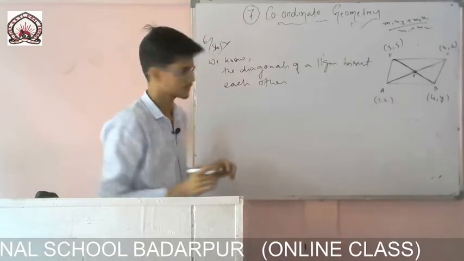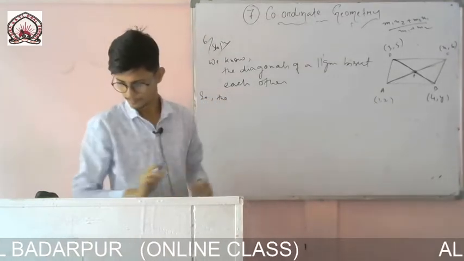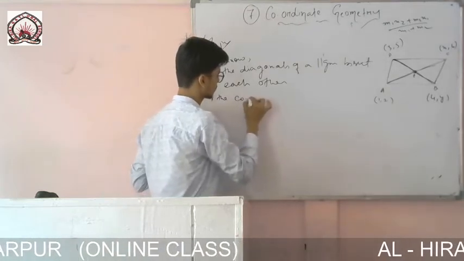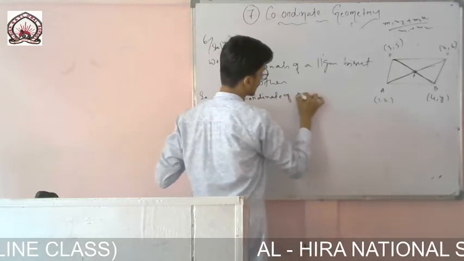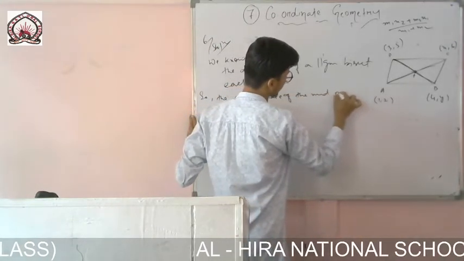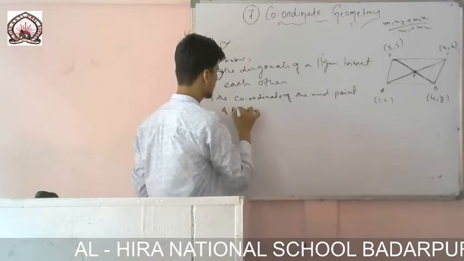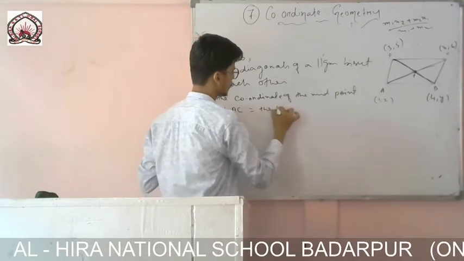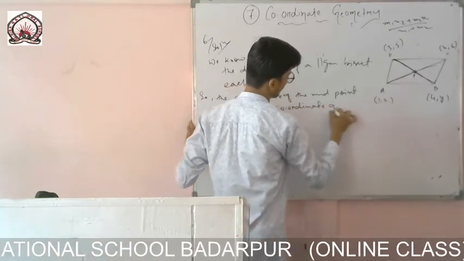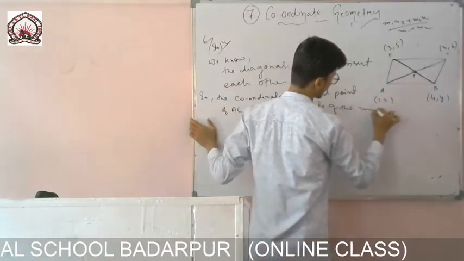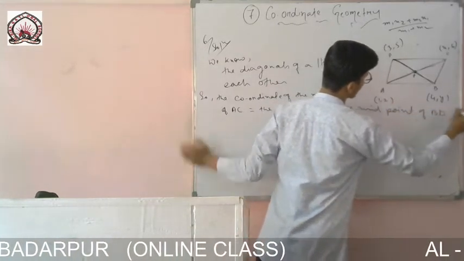You write like this. The coordinate of the midpoint of AC will be equal to the coordinate of the midpoint of BD.